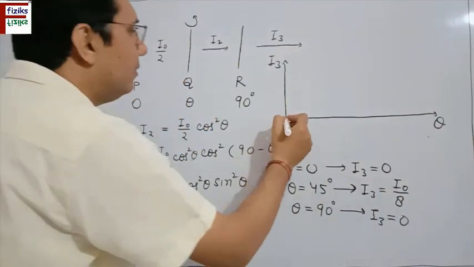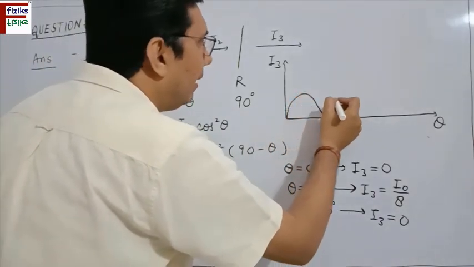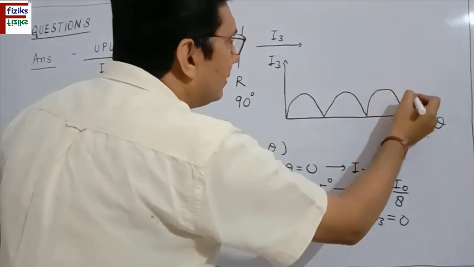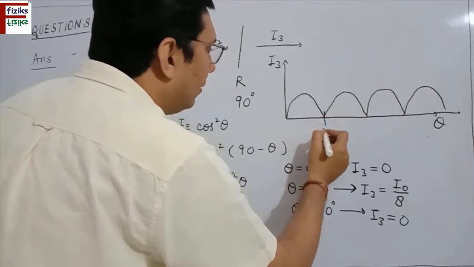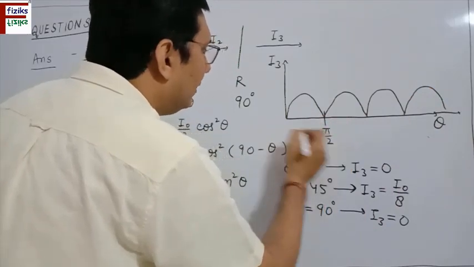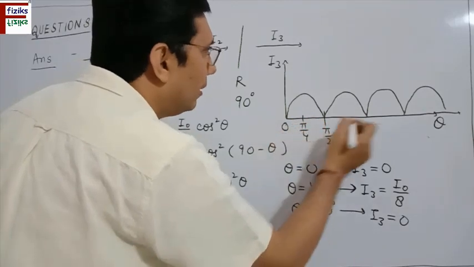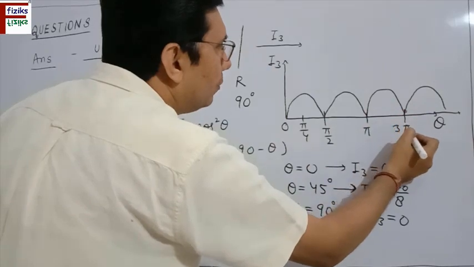From these three values, we can conclude that we will have this type of intensity variation. Here we will have 0, here pi by 4, here pi by 2, here pi, and 3 pi by 2.